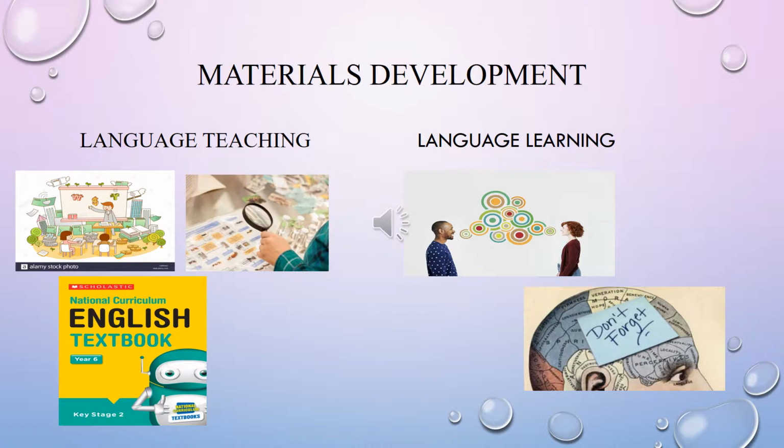Language learning can be explicit, when the learners know when and what they are learning; implicit, when learners don't know when and what they are learning; declarative, when learners know the language system; and procedural, when learners know how language is used.